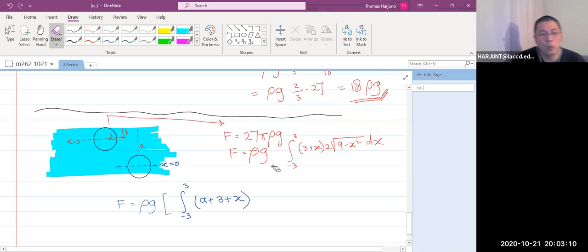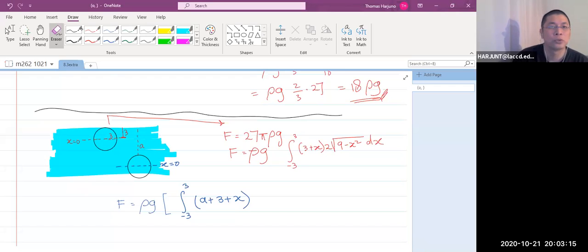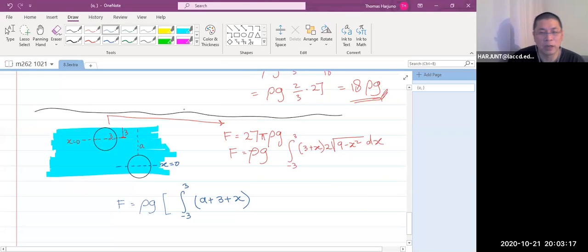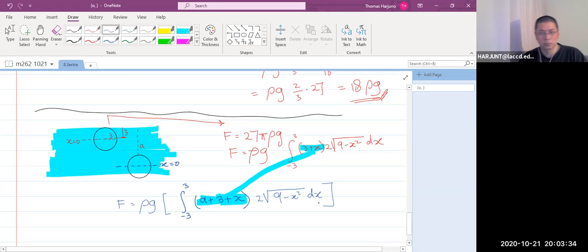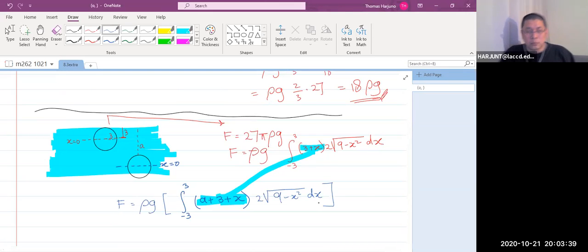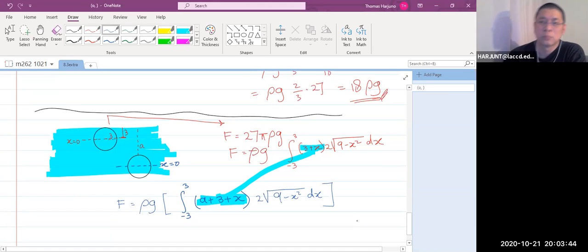Right? Now I move my reference x equals 0 down by a units. So in my integral, the depth increased by a. But the width function actually stays the same, 2 radical 9 minus x squared dx. Okay.